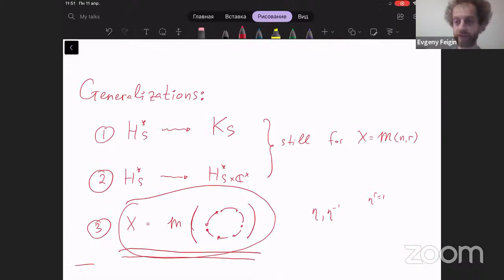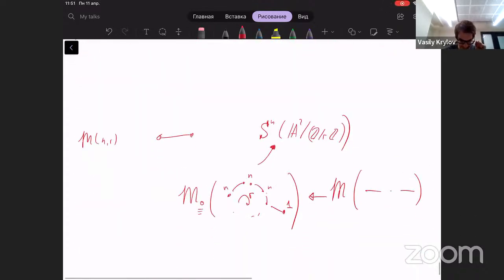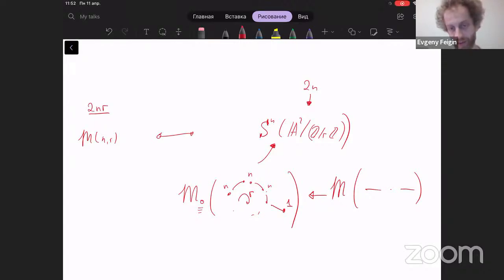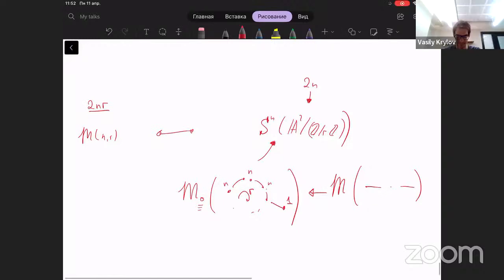I'm sorry, what's the dimension of this variety, the last one? Yes, that's a very good question. So note that here the dimension is 2nr, and here the dimension is 2n. So it does not depend on r. And this M_0 of this cycle is what? It is the same, they are equal.